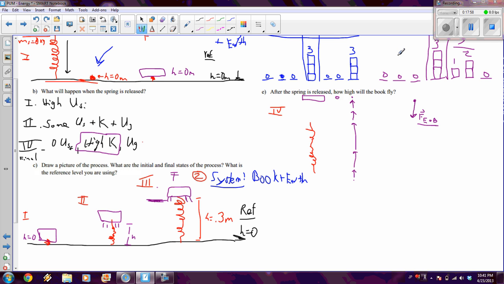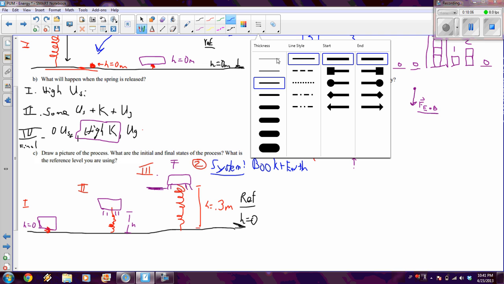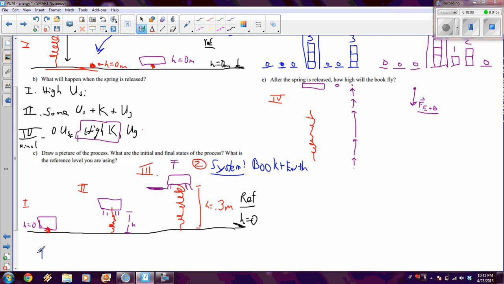So what is the energy bar chart going to look like? In this case, our initial position is going to be on the ground. Here's our initial position when it's on the ground. And our final is going to be up here while the book is stopped in the air, because we want to know how high the book will fly. So we want to know its maximum position.